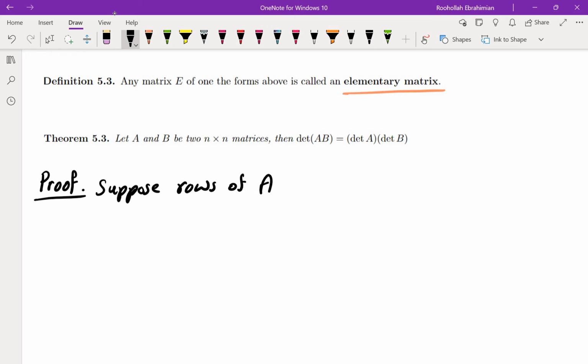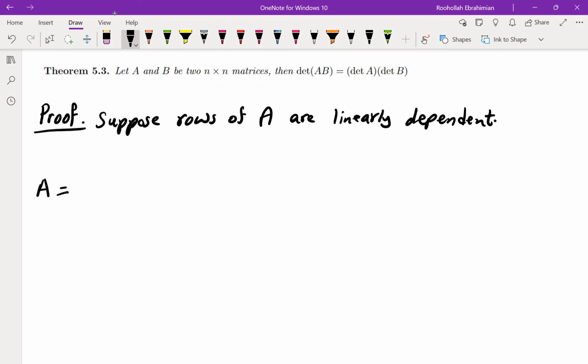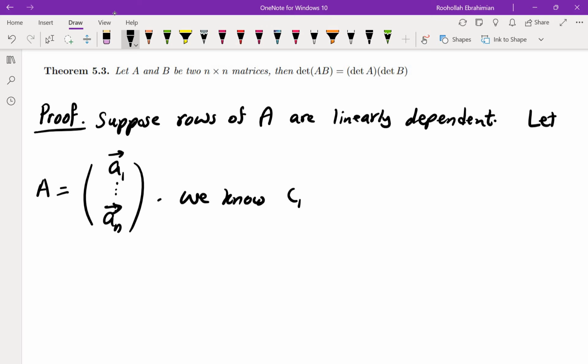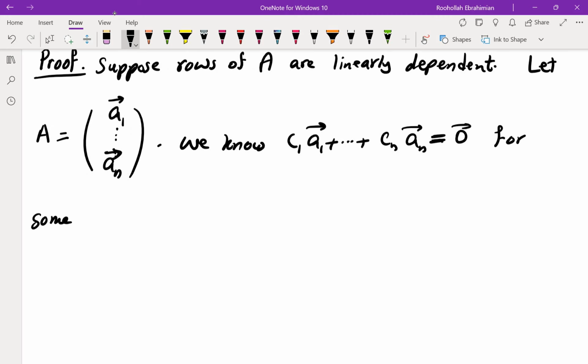So suppose the rows of A are linearly dependent. What does it mean? It means if I take A to be A1 through An, then we know C1A1 all the way to CnAn is 0 for some scalars C1 through Cn in R, not all 0.